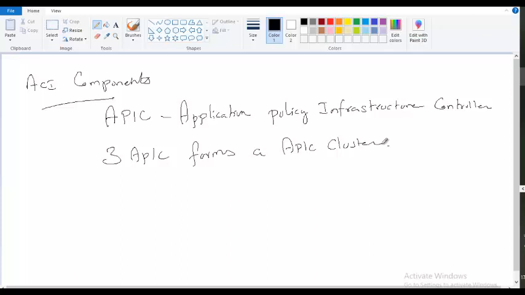That path is what the data plane is. According to what the control plane has dictated, the data plane is going to control the flow of data. As I said, APIC is not a leaf or a spine. APIC is just a controller. Then why do I need to have 3 APICs?